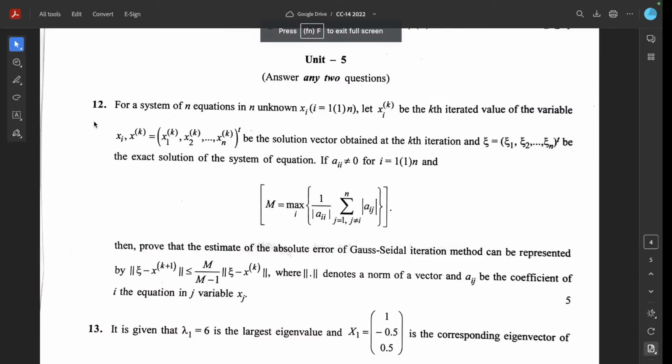Question 12. For a system of n equations in n unknowns xi, i equal to 1 to n with increment 1, let xi^k be the kth iterated value of the variable xi, and x^k equal to (x1^k, x2^k, ..., xn^k) transpose be the solution vector obtained at the kth iteration, and xi equal to (xi1, xi2, ..., xin) transpose be the exact solution of the system of equations.